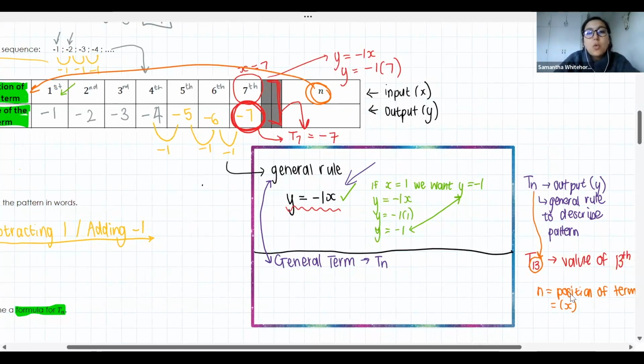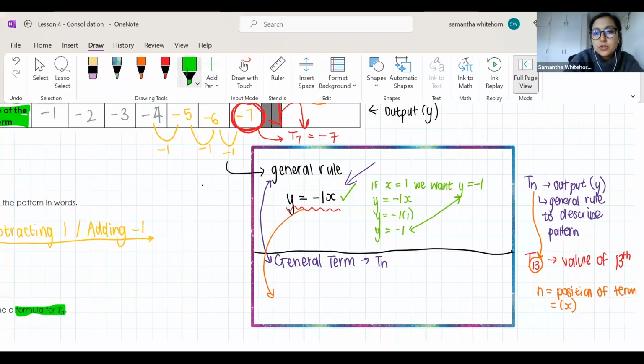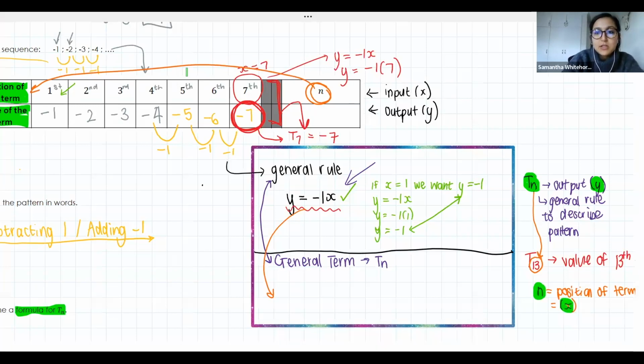And so what that means is if I want to write this rule, y equals -1x, in terms of Tn, I have just told you that Tn means the same thing as y, and N means the same thing as x.